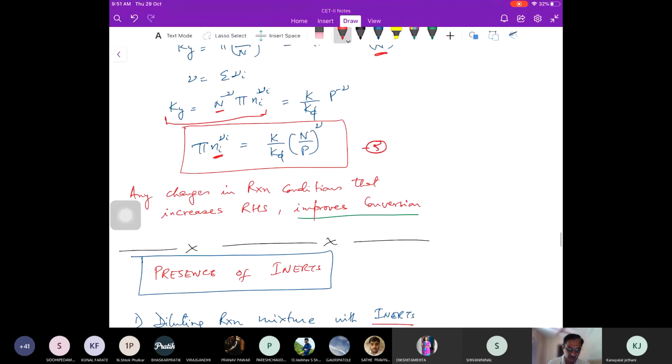Now if we take equation 5, n is in the numerator, right? When will the right hand side increase? When nu is positive, n to the power of nu.